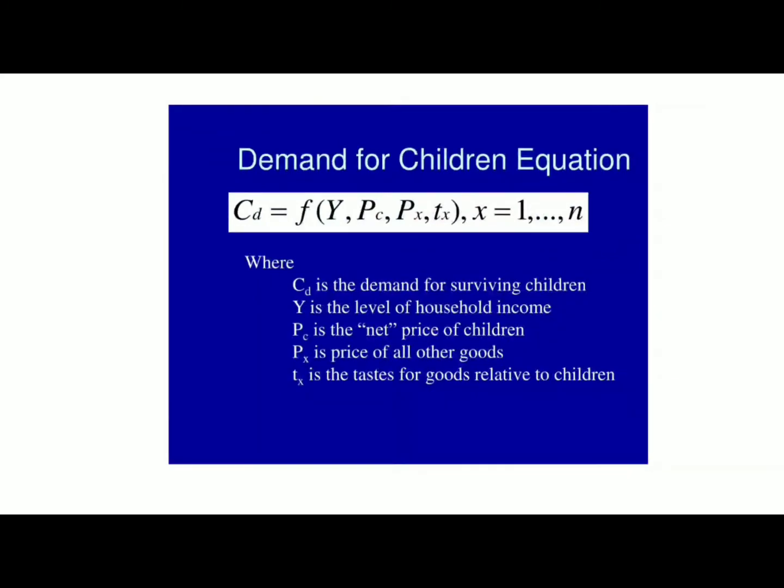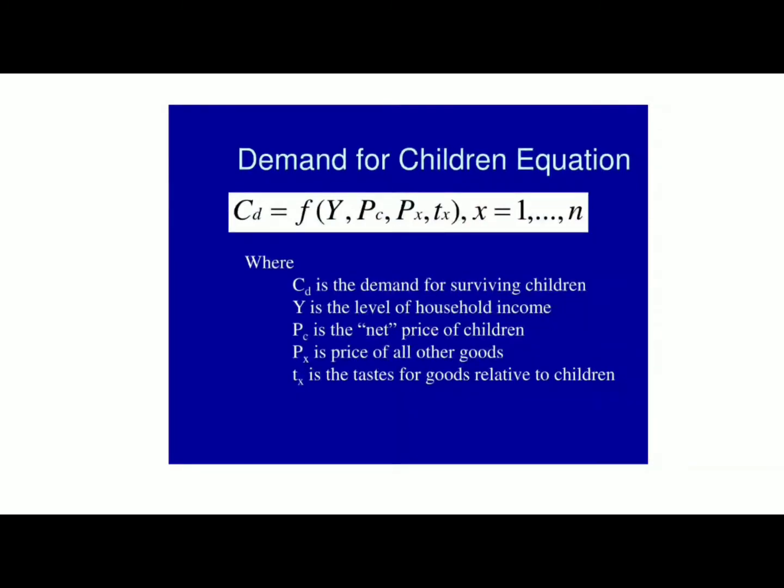PX is the price of all other goods. If the price of all other goods were to fall relative to the price of raising children, the family might be expected to substitute into other kinds of goods, like a fan for the house or something, if those prices really fall in relative terms.